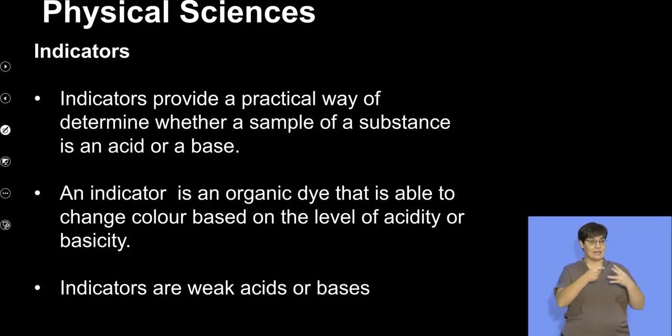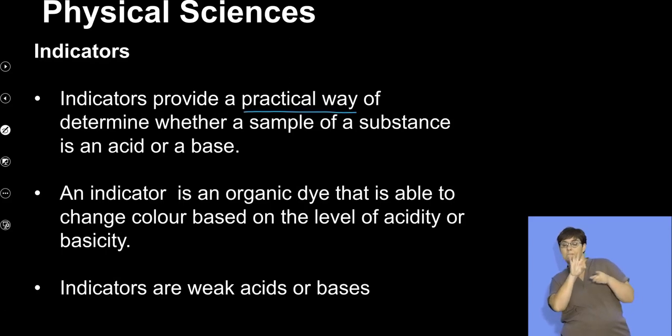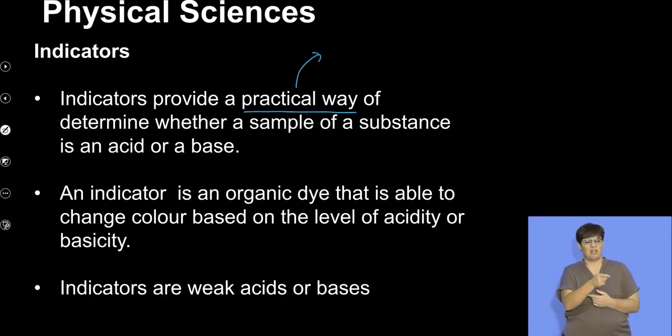So indicators provide a practical way. The moment we say practical in our science, we are thinking now of experiments. Because science is a hands-on subject, we conduct experiments to verify existing facts and to discover new things in investigation. But what do indicators do?